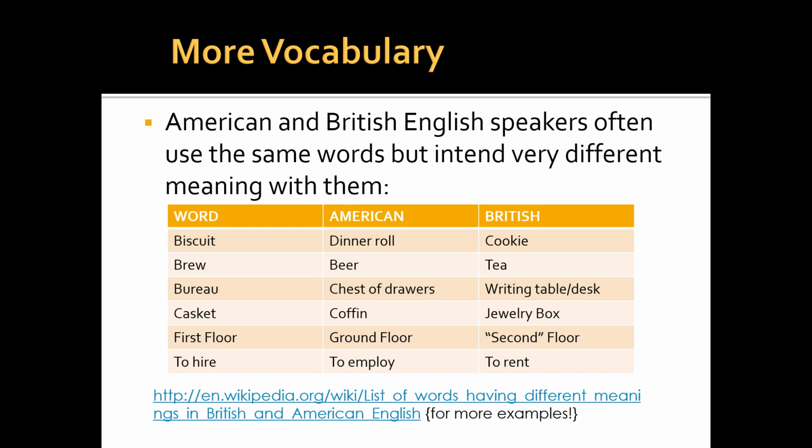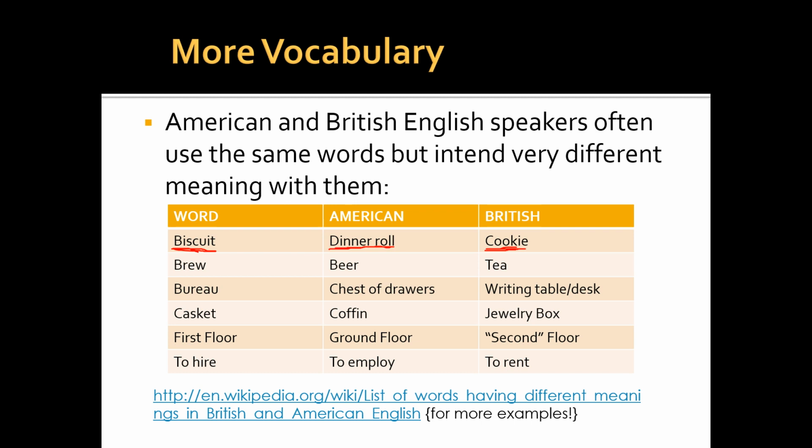More vocabulary. American and British English speakers often use the same words but intend very different meanings with them. See, the word is biscuit. Whereas the meaning, they changed it. For the word biscuit, the Americans changed it to dinner roll, and the Britishers changed it to cookie.